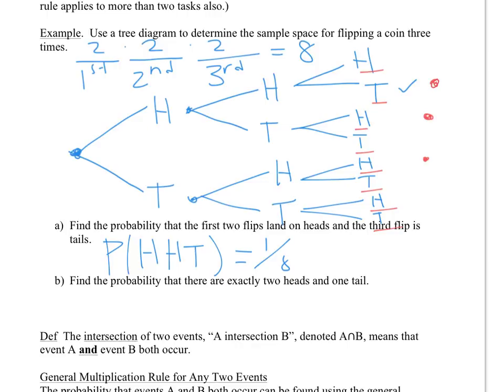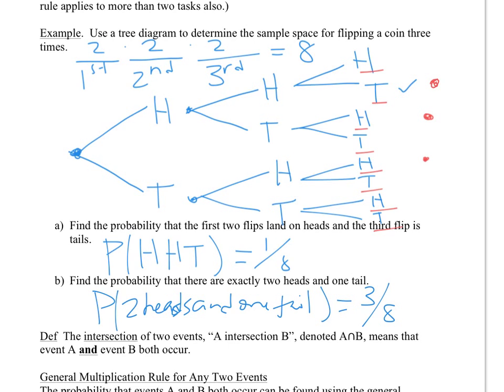So when we write out this probability of exactly 2 heads and 1 tail, we get to give a simple answer of 3 out of 8. And the tree diagram there basically just helped us organize that information.